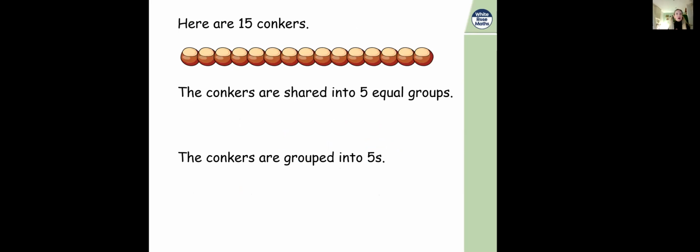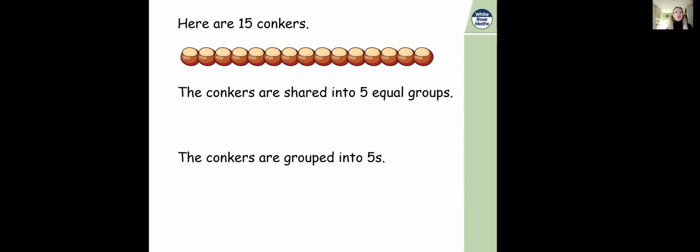So, with your loose parts, can you count out 15 loose parts for me? And they're going to represent these conkers here. It says here are 15 conkers. The conkers are shared into 5 equal groups. The conkers are grouped into 5s.